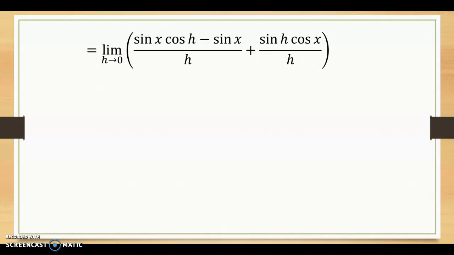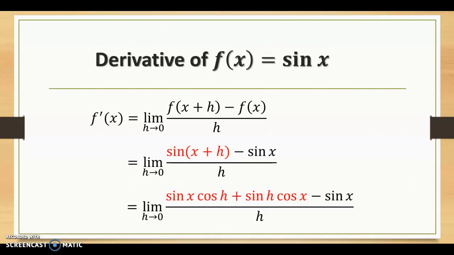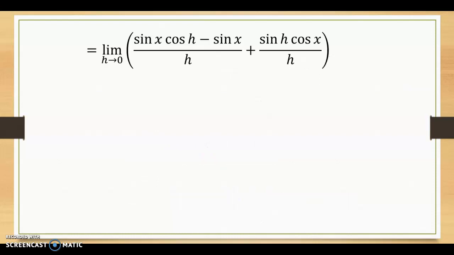I've regrouped all the terms that have a common sine of x together. That would be, if I bring you back to the previous slide, the first term in the numerator and the last term in the numerator. So I've juggled these terms around, regrouped them as a first fraction, and the term that did not have a sine of x, but rather a cos of x, I've written in a separate fraction.